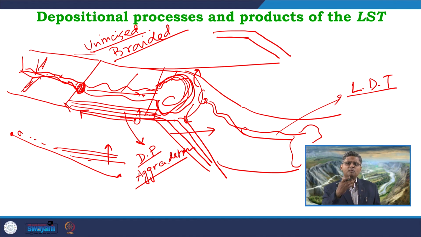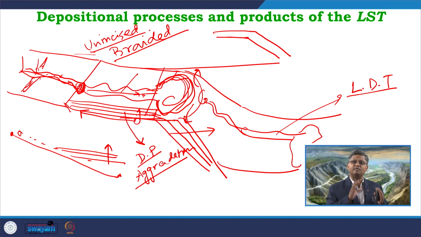So, in terms of overall depositional processes and products of the lowstand systems tract, we can expect 4 major events occurring over here. Number 1, fluvial aggradation is occurring, resulting in unincised braid plains. Second one, delta plain aggradation is occurring. Third one, delta front progradation is occurring, and these two are occurring at the shelf edge.